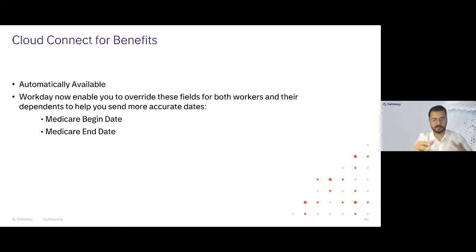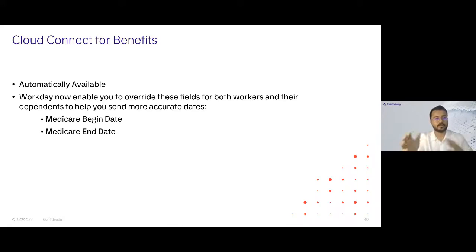I dug deeper, and I could see that this change would come in service updates, and I think they have said it would come in the 6th of May service update. So we'll keep an eye on the service update to see how and what it is. I tried to look into the tenant, but I didn't get anything for this. Once I have this, I can send you an update. So these two fields, Workday is now enabling in our benefit integration.